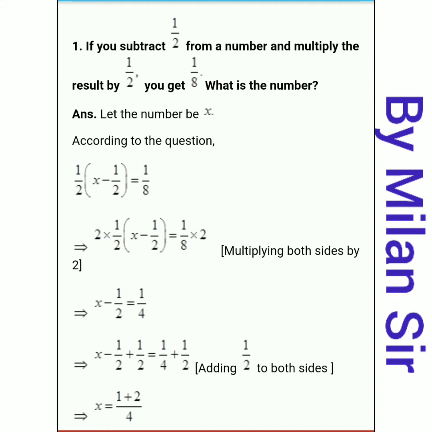So first of all we need to assume our variable. Here it is given that if you subtract 1 by 2 from a number, that number we don't know, so we need to assume that number is equal to x.